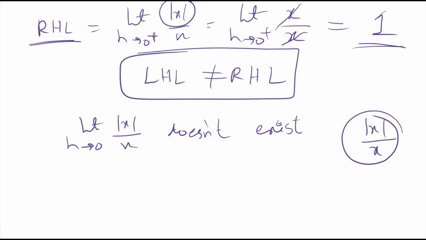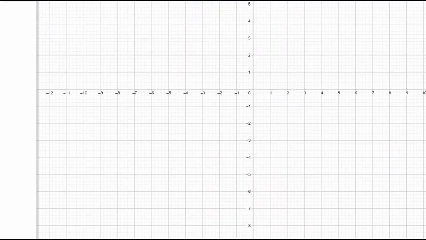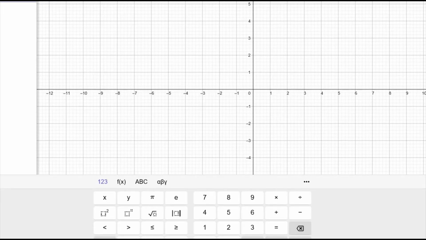Let us try to understand this graphically. If I draw the graph of the mod x by x function, I give the input as mod x by x.